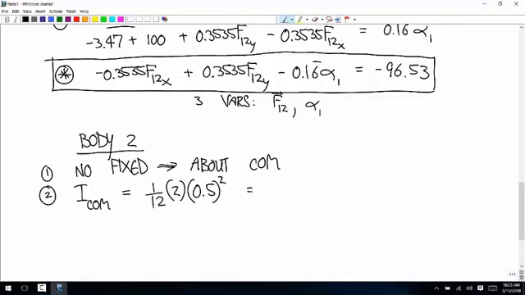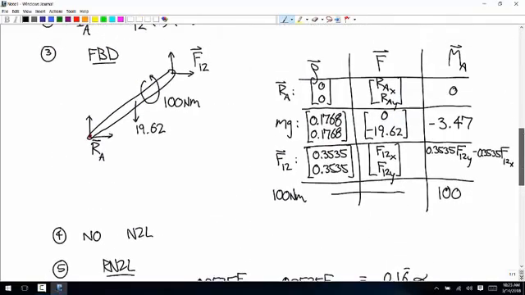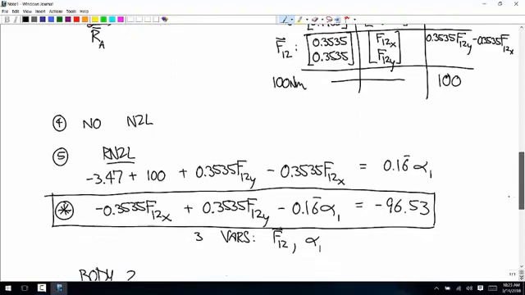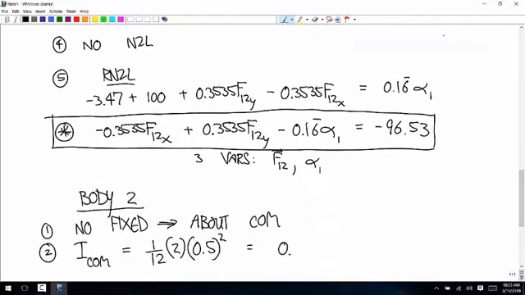What do you get for that? 0.0416 repeating kilogram meter squared.